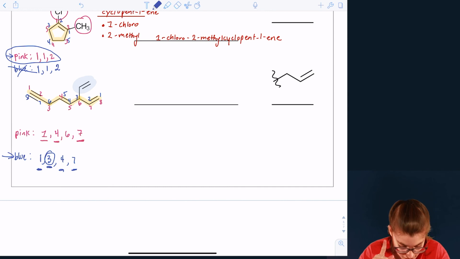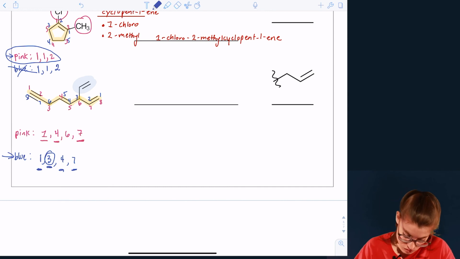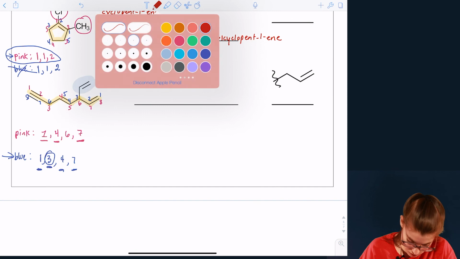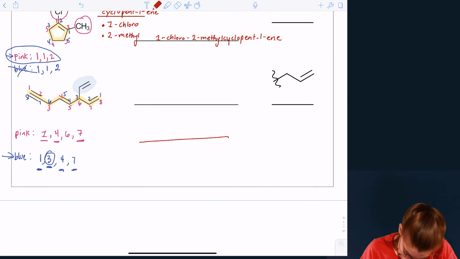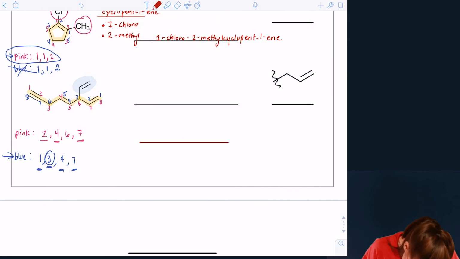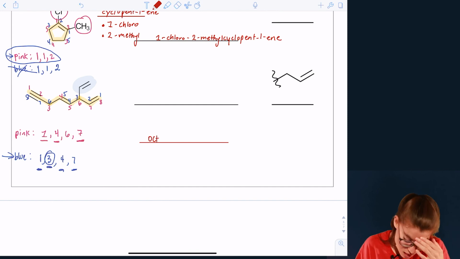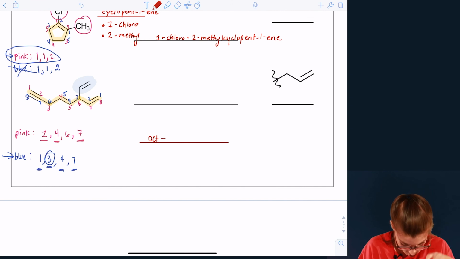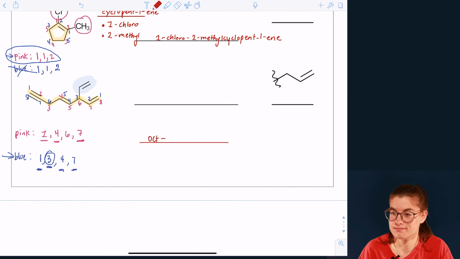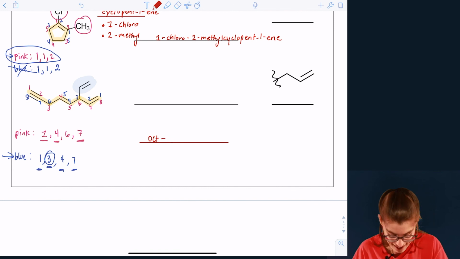So we've got 8 carbons. Well, this is going to be interesting naming this one. So this is going to be oct. Now it's not going to be octane. Oops, nope. Hold on. That's okay.